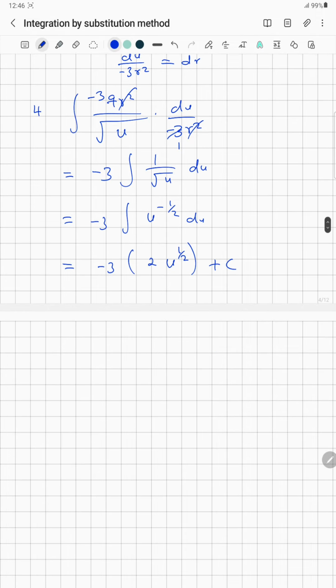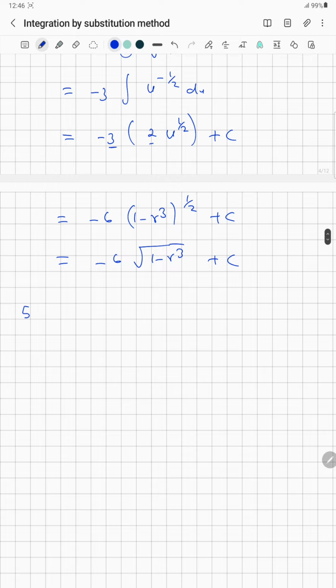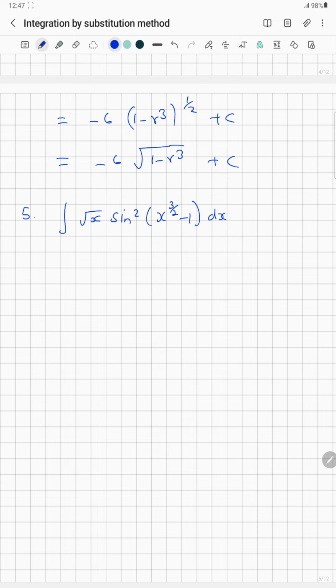Now we know what this one will be, minus 6 times, our u is 1 minus r cubed, that way, then plus c, which you can write in compact form as minus 6 square root of 1 minus r cubed plus c. They're all the same, they give you the same answer. We can check question 5 now.